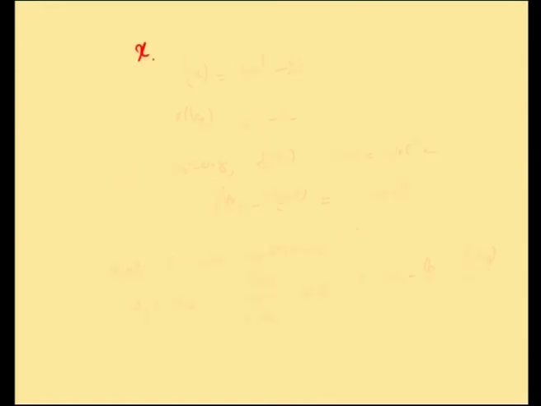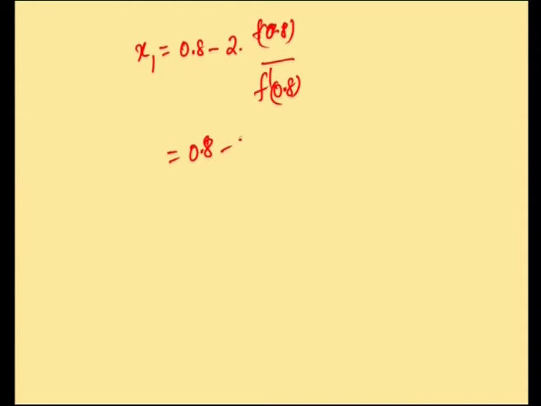By the first method, x1 is equal to x naught, 0.8, minus 2 into f of 0.8 divided by f dash of 0.8, which is 0.8 minus 2 into 0.072 divided by minus 0.68, and this value comes to 1.012.